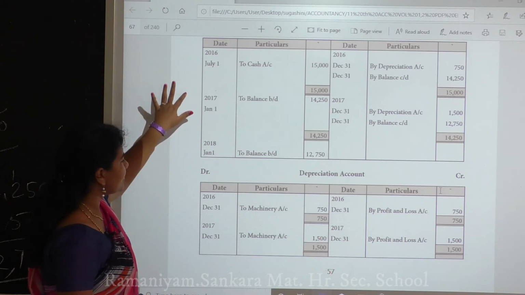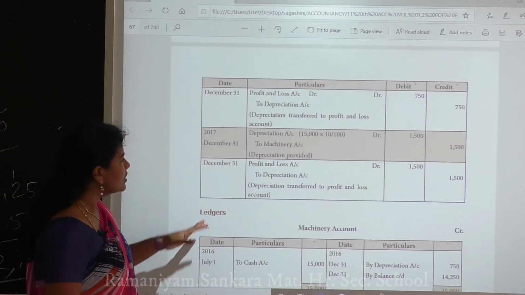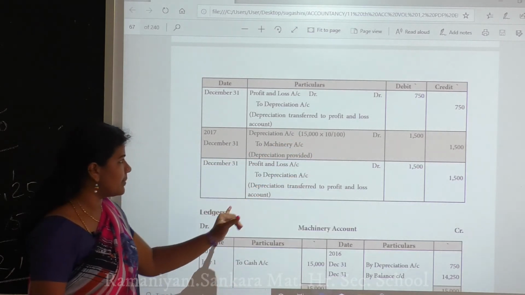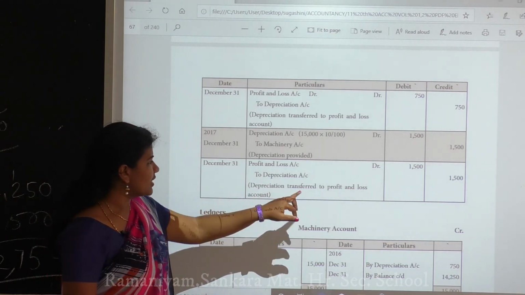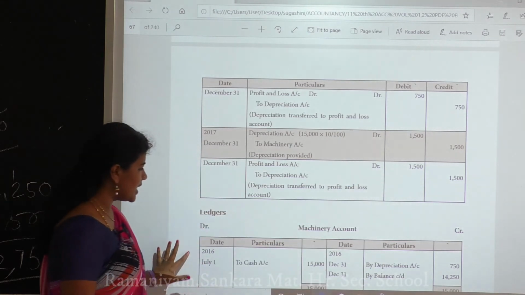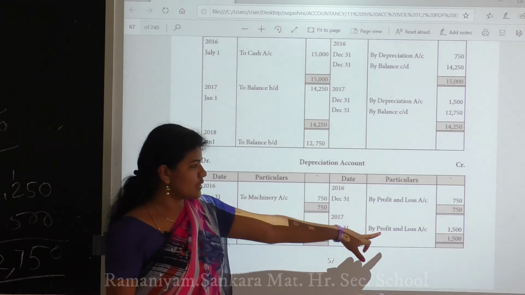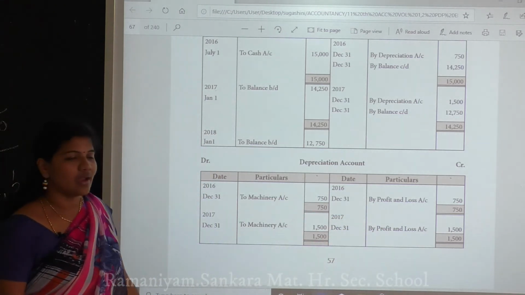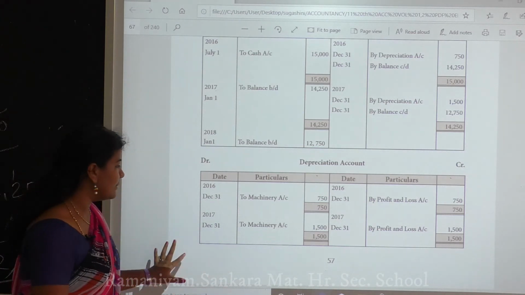The same thing comes in 2017 also. Here the depreciation account is debited 1,500, which you write on the debit side like the machinery. Next, depreciation account credit, profit and loss account: write it on the credit side 1,500. This is 1,500 and this is 1,500, so both sides tally. Machinery and depreciation accounts both should tally like this.